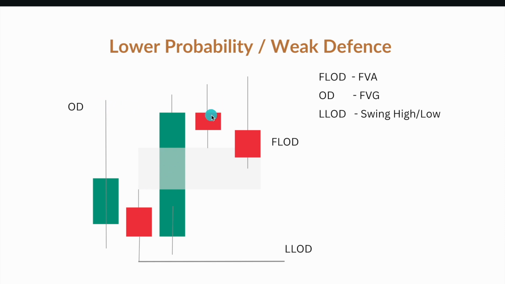Once this fair value gap is created, this fair value gap or this overlapping defense is the first one to get mitigated from this swing high to this swing low. This is a fair value area, which is the first line of defense. So it is a weak defense. Accordingly, the overlapping defense is the fair value gap, and the last line of defense will be the swing low. Thank you.